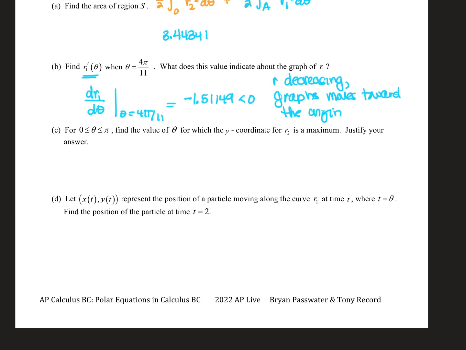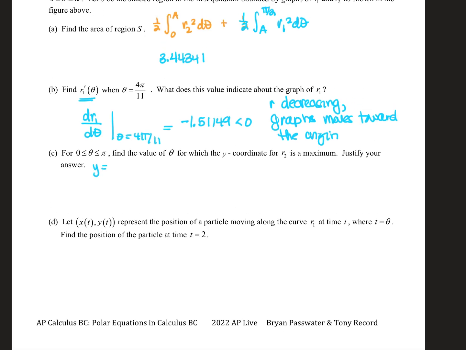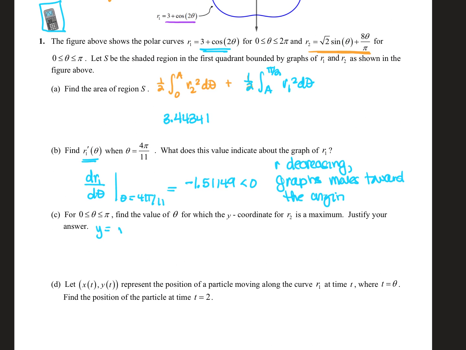All right, the next part asks us to find if the y-coordinate of R2 is a maximum. So the first thing we're going to do is find the y-coordinate. Y-coordinate would be R2 times sine theta, which is (root 2 sine theta plus 8 theta over pi) times sine theta.